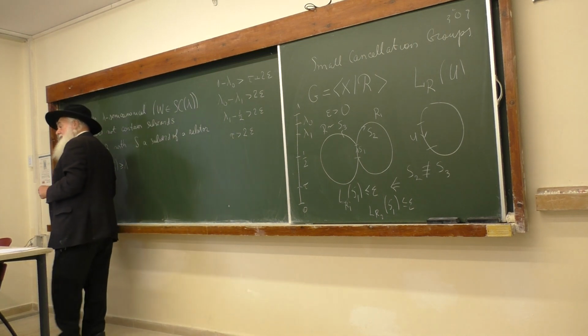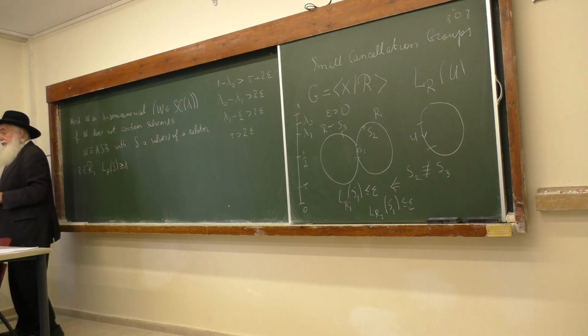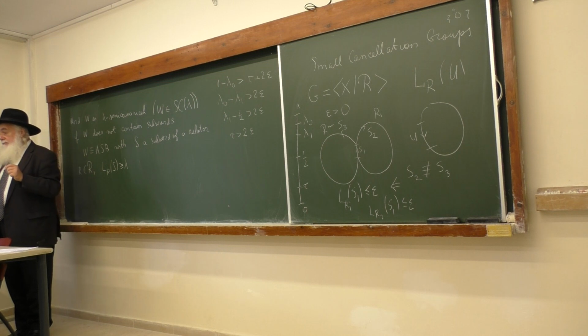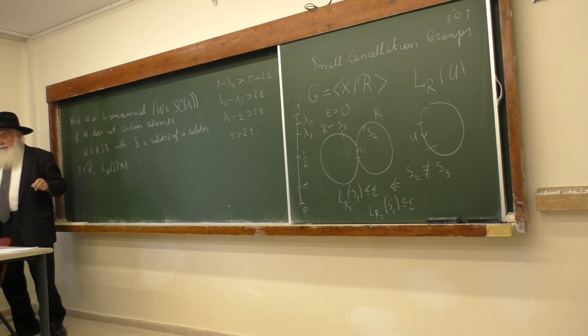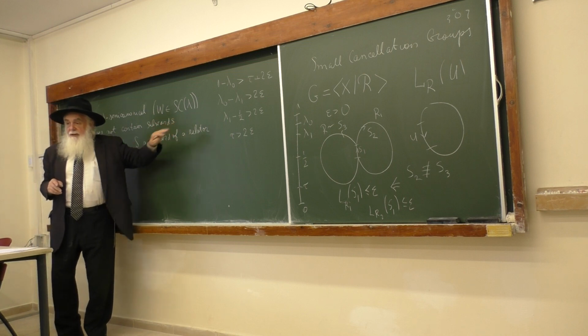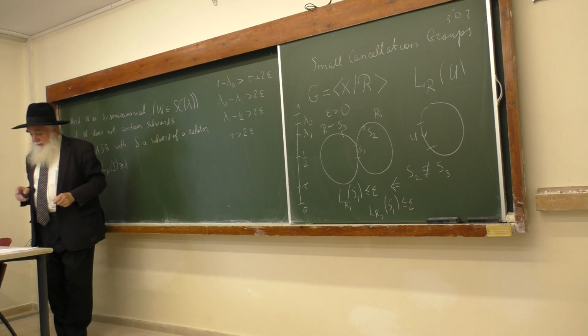So it's lambda semi-canonical if it does not contain this type of forbidden subwords, with measure bigger than or equal to lambda. So we introduce this class of semi-canonical words.